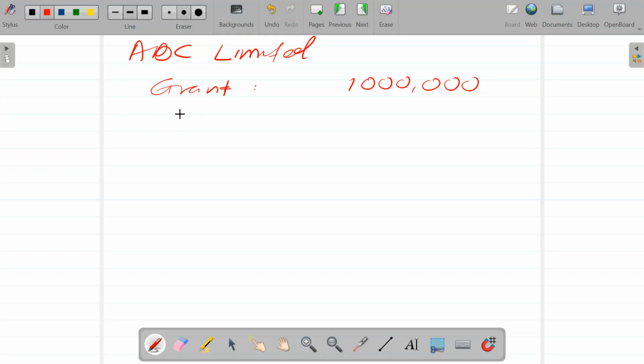Now the company has received a grant. The company received a grant on 1st January 2023. The money has hit their account.